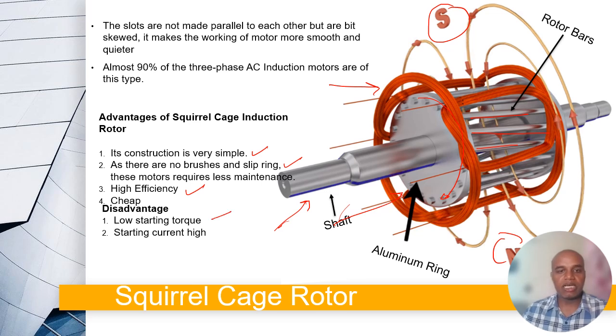But the limitations are that it will give you a low starting torque as compared to the slip ring induction motor, and high starting current, because we don't have any option to increase the rotor resistance. So we don't have any control over the starting current through the rotor arrangements either. We do have other arrangements by which we can control the starting current, but by increasing the rotor resistance, we don't have that option in the squirrel cage induction motor.